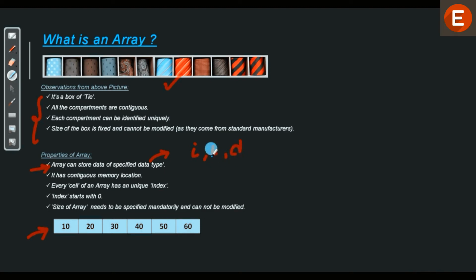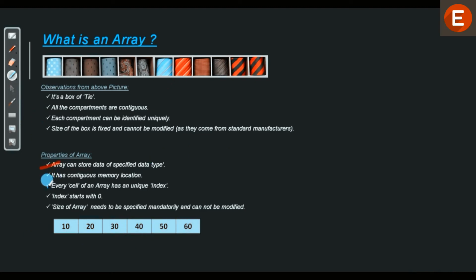Depending on what data type we have defined, only that data type can be stored in an array. So let's say we have said this array stores characters, and if you want to store an integer in it, it will throw an error. It will not allow you. Why? Because once we have defined what type of data can go in this array, we have to mandatorily give only the same compatible data in it.